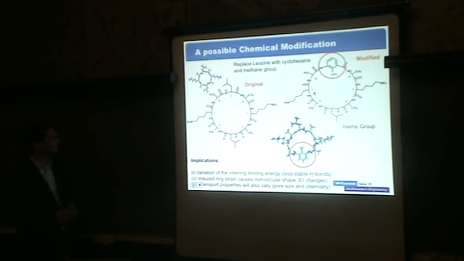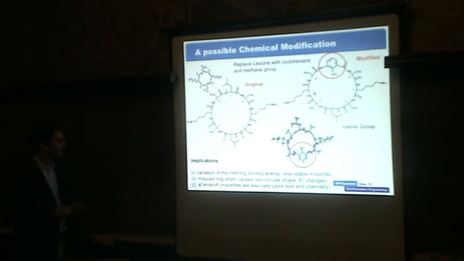The implication from a mechanics perspective is that first you're varying the inter-ring binding energy. Instead of having this kind of radial structure, which can form hydrogen bonds very easily, now you have this bulky system, which can still form hydrogen bonds, but basically adds a heterogeneity into the system.